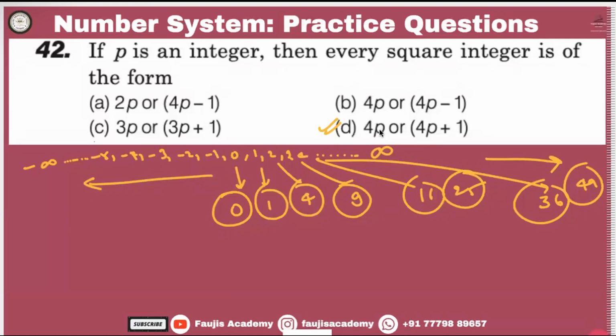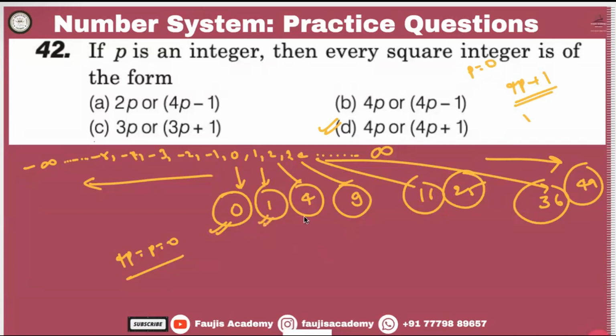If we put P equal to 0, we get 0 for 4P, and for 4P plus 1, if we put 0 again, it will become 1.